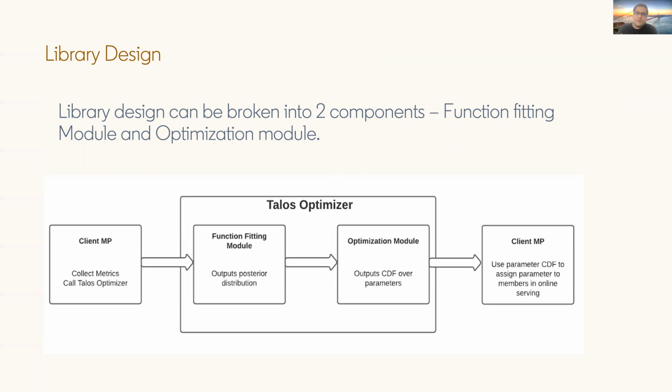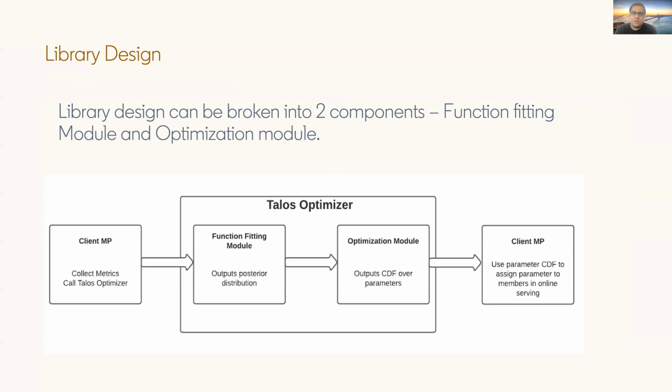Internally within the package, we basically have two main abstractions, and one of them is function fitting, and its job is to output a posterior distribution. It's written in a way that currently we use Bayesian optimization, but we could use neural networks. The interface is defined in a way that it outputs a posterior distribution, which is used by the next step, which is the optimization module.